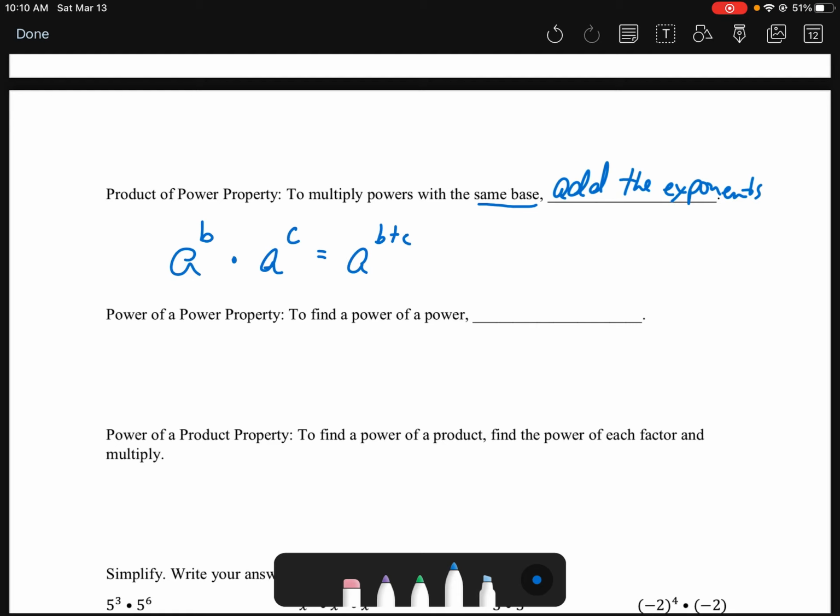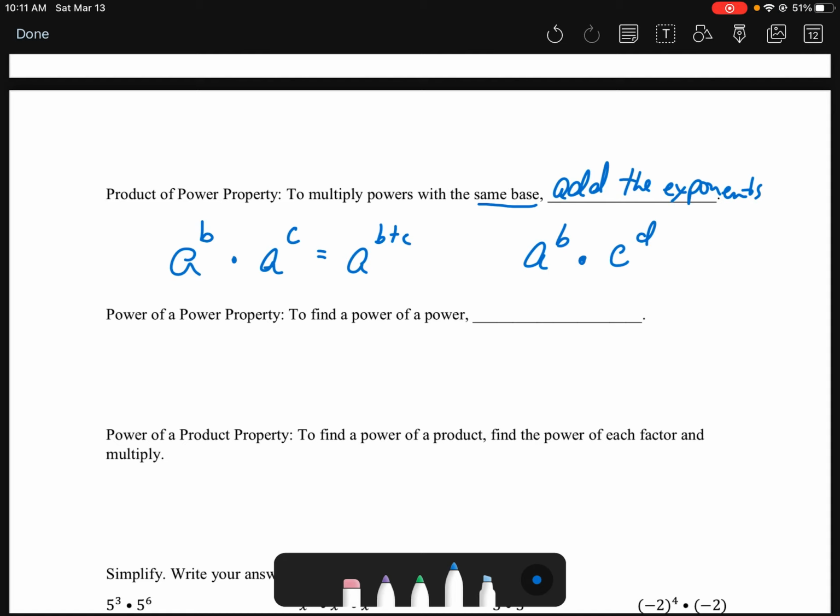A huge thing here is they have to have the same base. So if I had a to the b times c to the d, I can't simplify that any further because they don't have the same base.